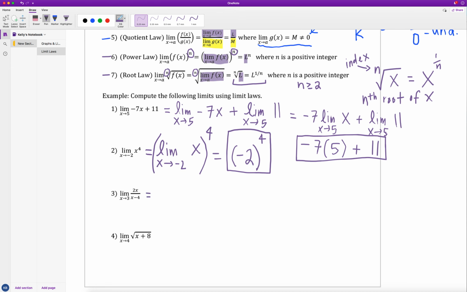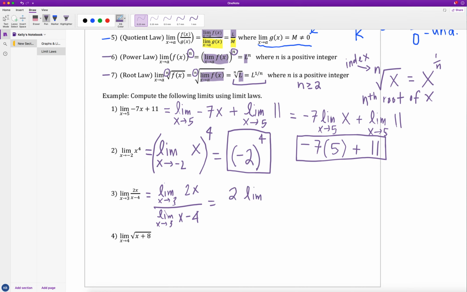so I'm going to break this apart using the quotient law and rewrite it as the limit as x approaches 3 of 2x in the numerator, all over the limit as x approaches 3 of x minus 4 in the denominator. From here, I can use the constant multiple rule on top, and the 2, which is our scalar in this case, can come out.